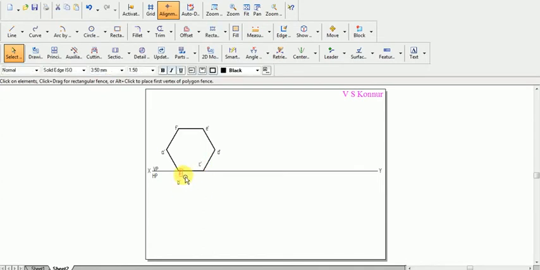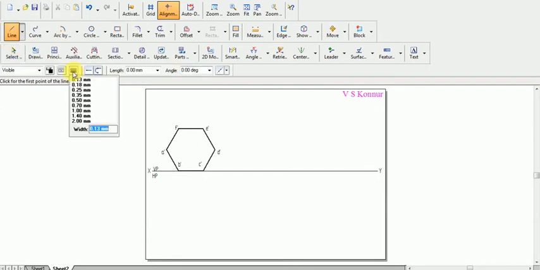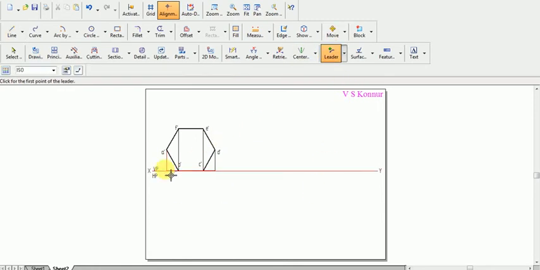Now we'll draw the lamina with 0.13. A is here, F and B are here, E and C are here, and we'll join this with 0.5 and draw the leader.